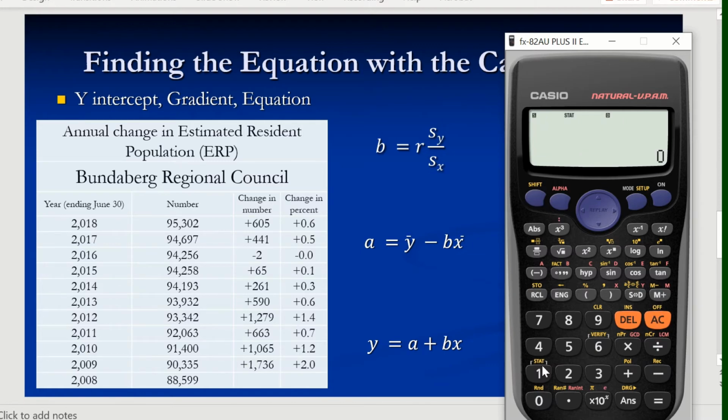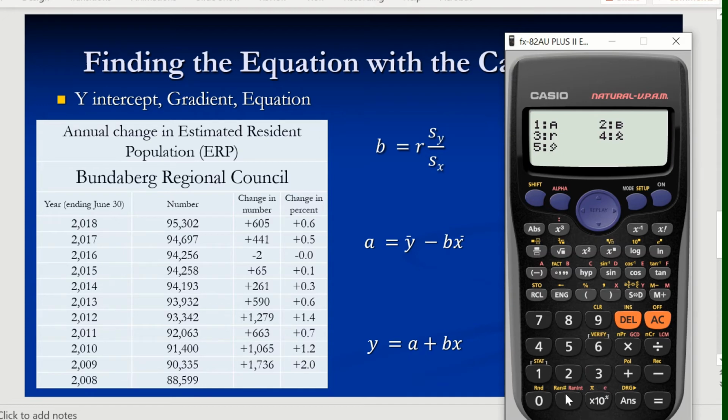So we go Shift 1 for stat mode. Let's just see what we need here. Is there anything here that matches up with this? I can't see it at the moment. Well, the mean of the X scores is just the mean of those. So we're going to go Shift 1, and now we'll go to our regression data, and we can find B, we can find A, and from there we can get the slope of the line with the intercept and so on.